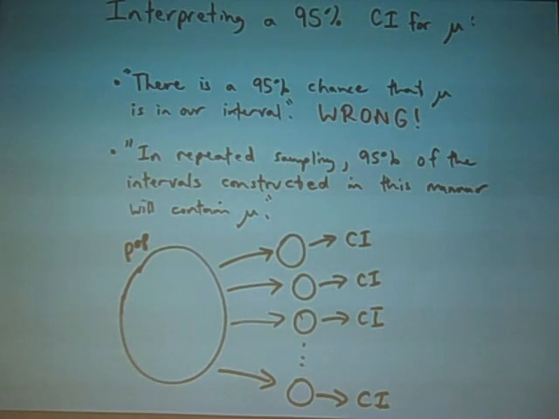But if you say, oh, there's a 95% chance that mu is in this interval, some people would pick up on that and not like it, possibly. So just in the future, stay away from that first one, because some people really dislike it when people do that.